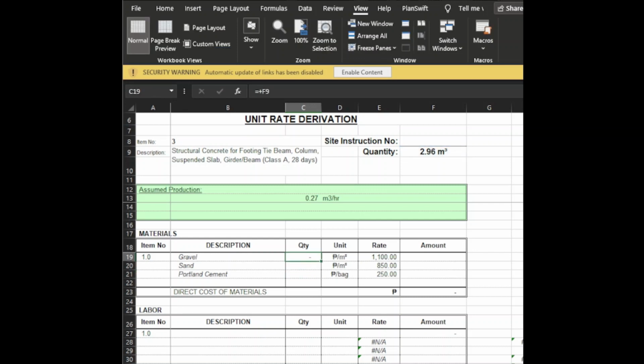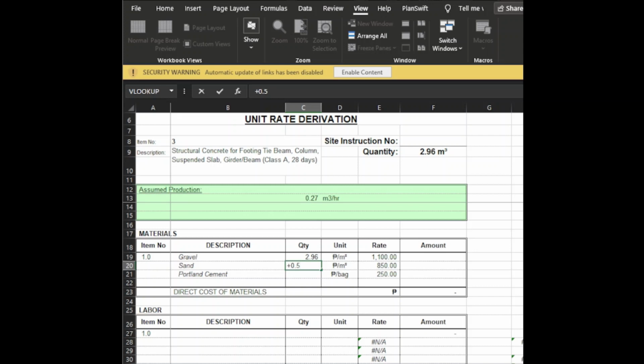Wait, something is wrong with my Excel. Okay, 2.96.